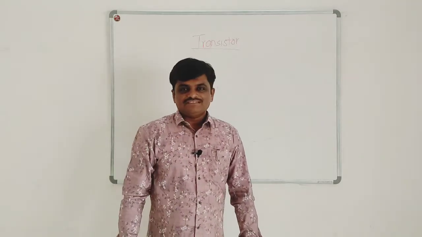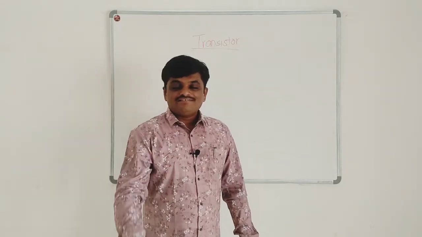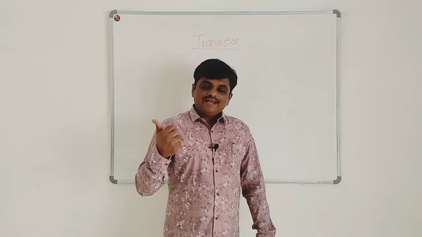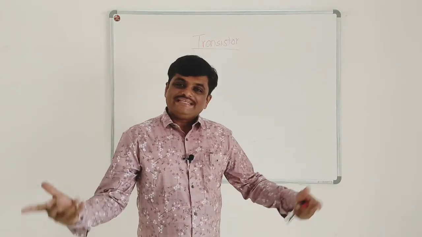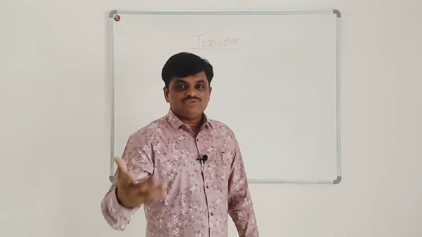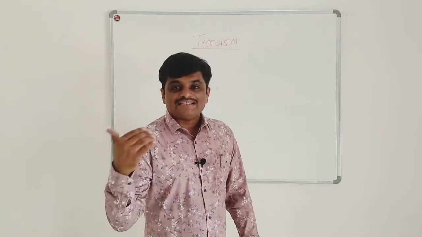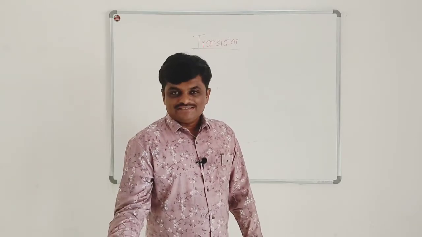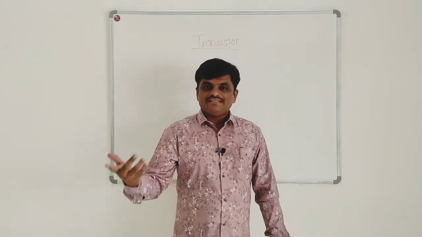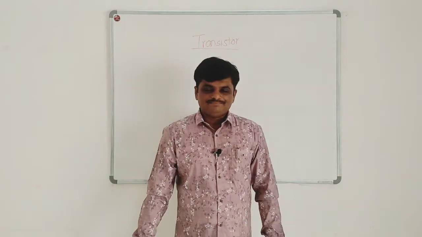Along with amplification, it can do the function of a diode, that is switching, on switch and off switch. So the transistor can be used as an amplifier, or it can also be used as a switch. These are the basic functions of a transistor.